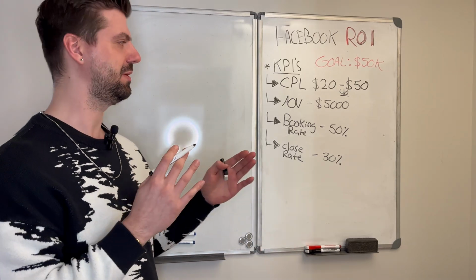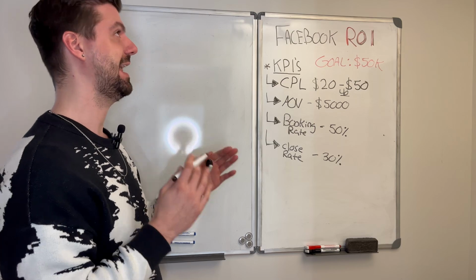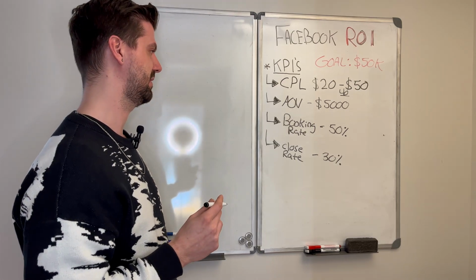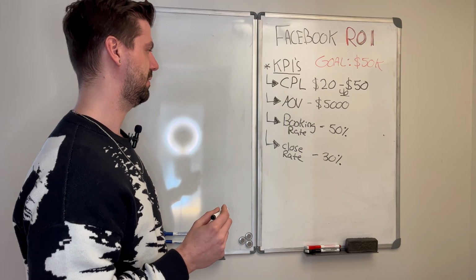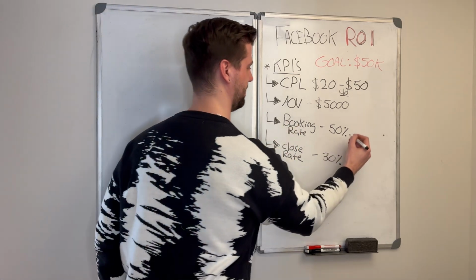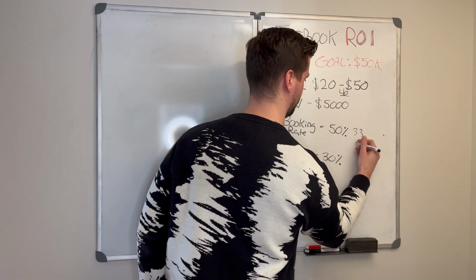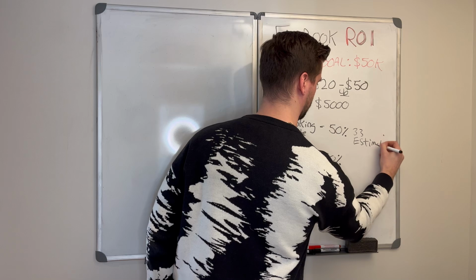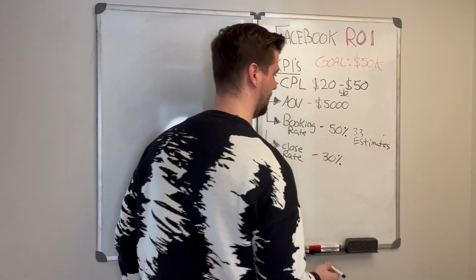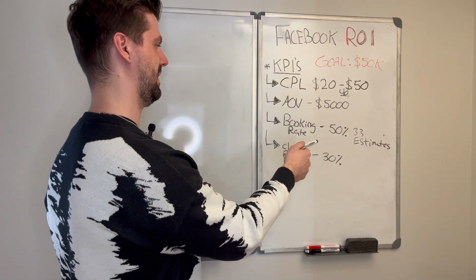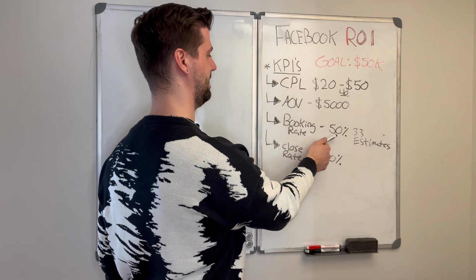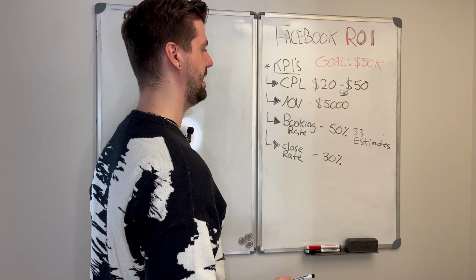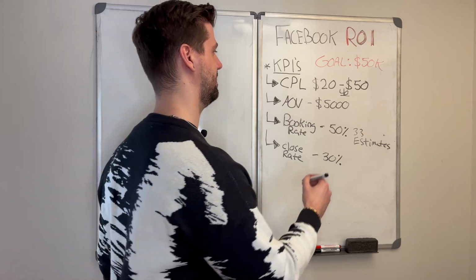So basically what we need to get 10 jobs would be 33 estimates, right? So booking rate, 33 estimates. So we would need 33 estimates to get 10 jobs. And remember what I said, 50%, right? So that means that we need 66 leads.